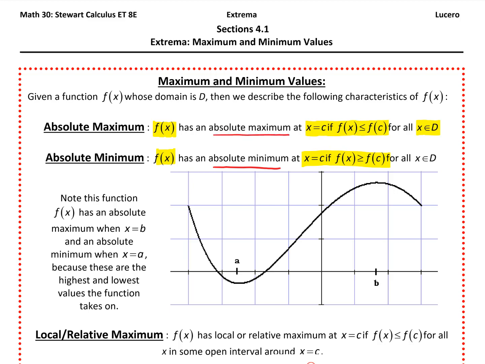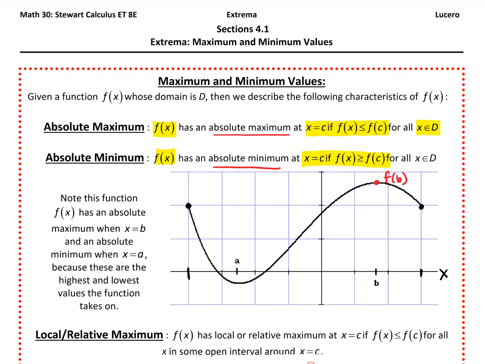Graphically, I want to be clear that this function stops here and here, so our domain is this range on the x-axis that I have graphed. If the function stops at these 2 points, we have an absolute maximum right here at f of b.